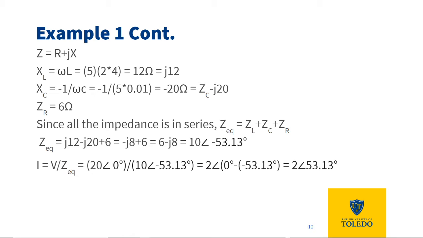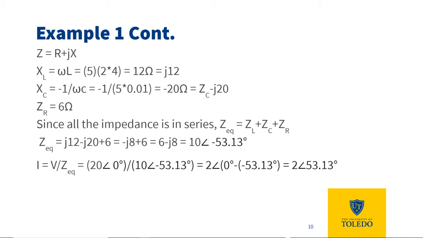Z subscript L equals omega times L, which equals 5 times 2.4, equals j12. X subscript C equals -1 divided by omega times C, equals -1 divided by 5 times 0.01, which comes out to -20 ohms, so Z subscript C equals negative j20. Z of R equals 6 ohms.